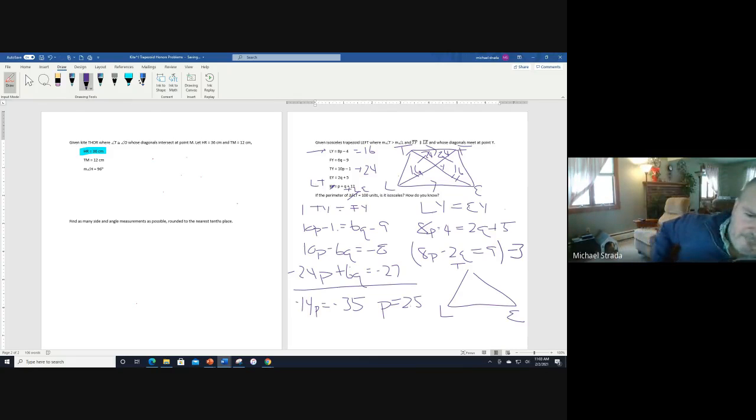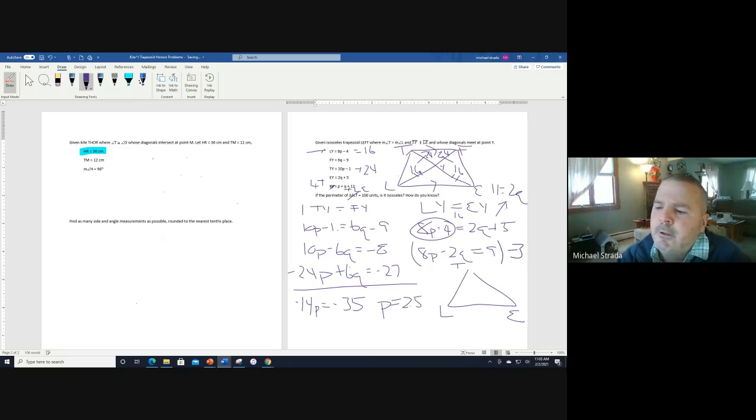That means I got to figure out what Q is because it's both variables. So I plug that back in. If P is 2.5, 8 times 2.5 is 20. 20 minus 4 is 16. I'm going to subtract the 5. 11 equals 2Q. 5.5 equals Q. So Q is 5.5.